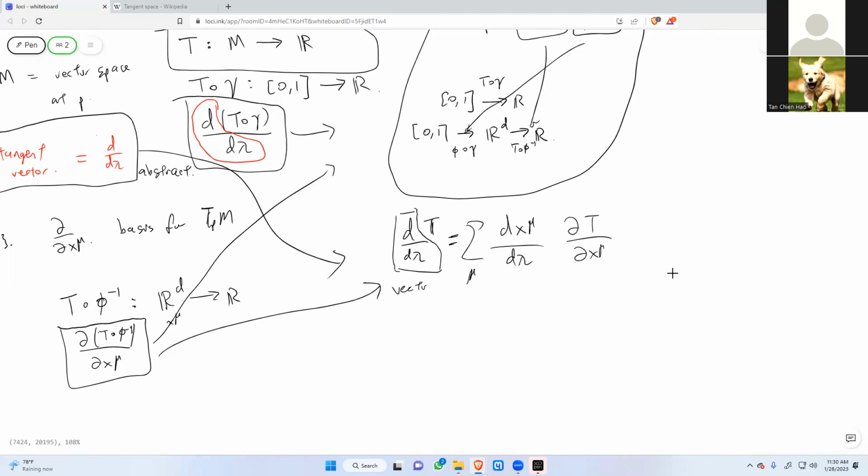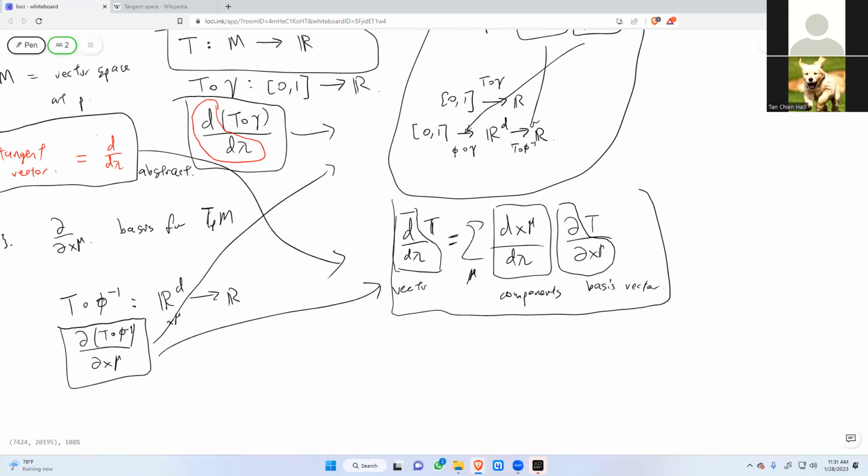It's a sum over these components, and this is a basis vector. And the t can be replaced with any other function, right? But this entire identity over here will still hold true.